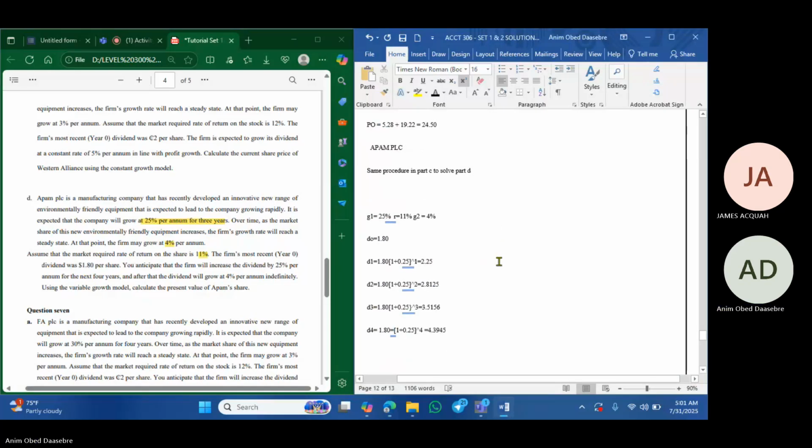D5, that's after the year 4. You got 4.3945. You grow that by the second growth rate, which is 4%, 0.04.